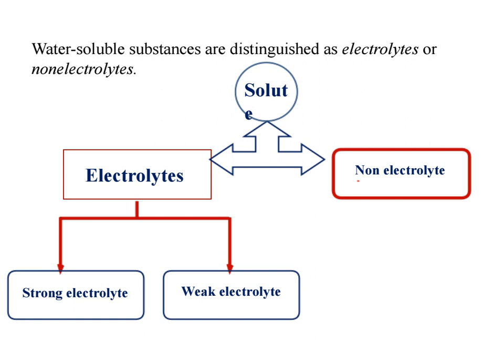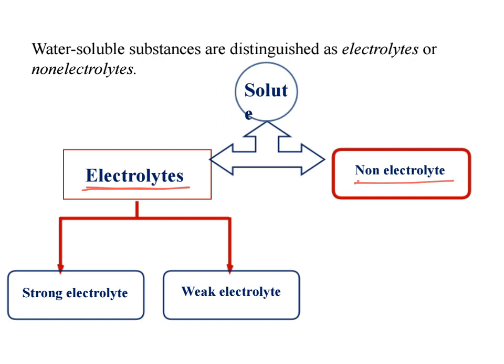The substances which ionize and conduct electricity, those substances we call as electrolytes. When it comes to non-electrolyte, the substance which dissolves in the solvent and does not conduct electricity, this we call as non-electrolyte.